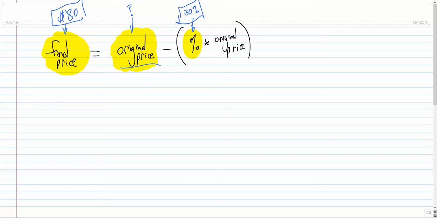Usually I sell this to students as a buying something thing because students all understand sale prices. I'm going to wait for it to get cheaper and then I'm going to buy it when it's cheaper. But the truth is, this doesn't apply to just buying stuff. It also applies to lots of science things.